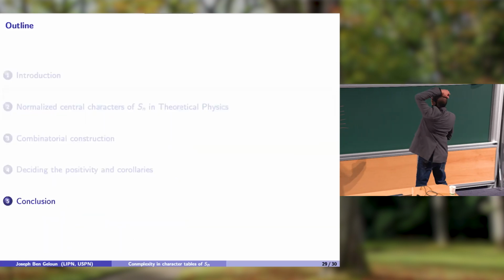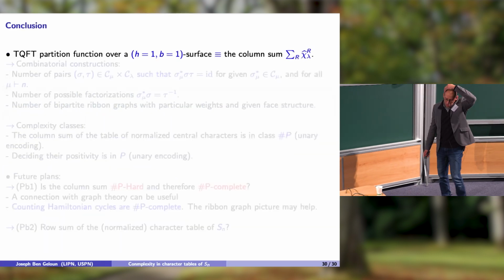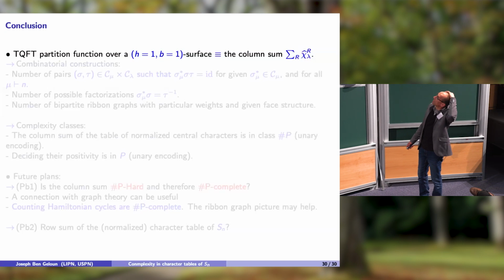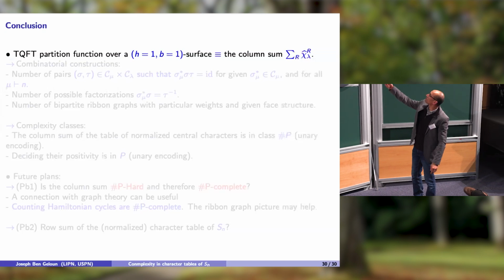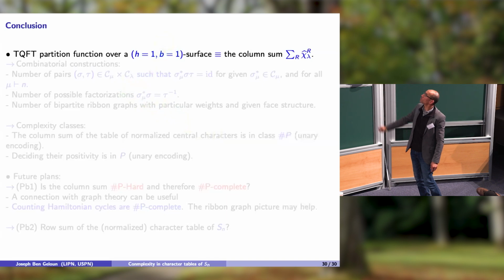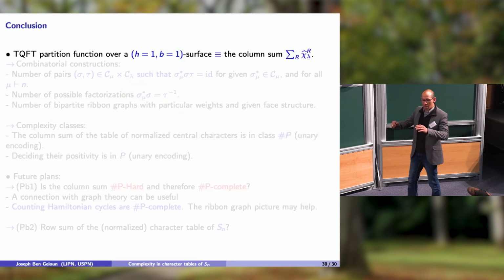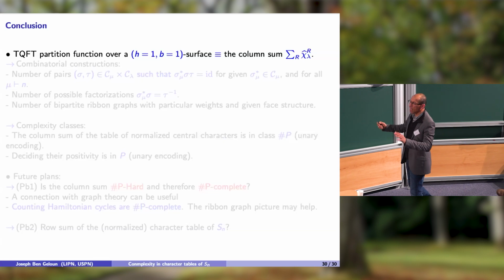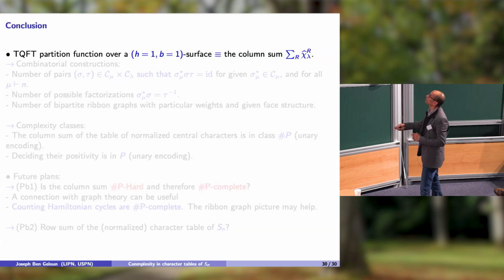Let me conclude. Okay, so what we've learned is that that column sum, that variant column sum of the character table, normalized by extra factors, actually comes from some partition functions of some TQFT that are built over a manifold which has H1 and one boundary.